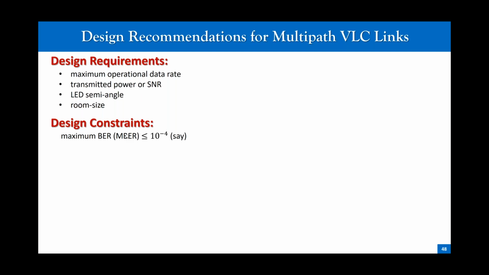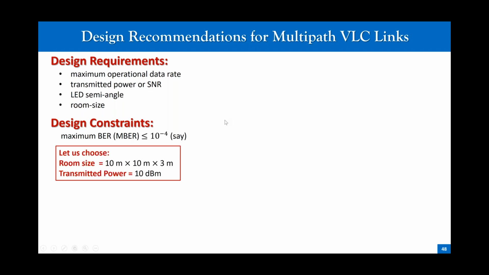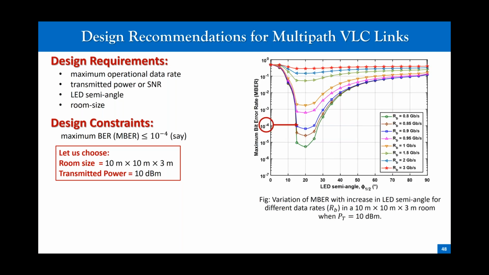So can we do this? So let us look at this. If we choose the room size as 10 meters by 10 meters by 3 meters, and the transmitted power we choose as 10 dBm, that is 10 milliwatt, then we can look at this study, and you can see that to get a maximum BER of less than 10 to the power minus 4, you can get up to 0.9 Gbps without issues.